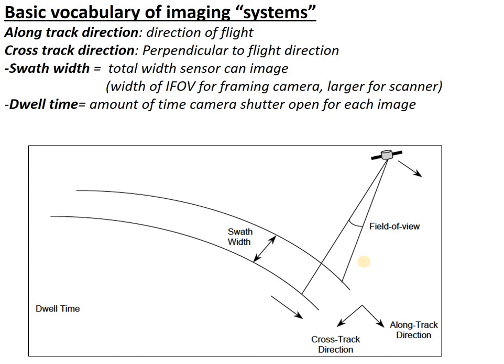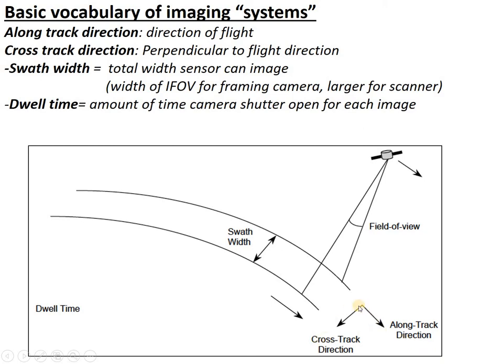So first, a few basic vocabulary terms of imaging systems or sensors. The satellite is flying very rapidly along a linear track, sitting up above the Earth and looking down at it. We often say the along track direction is the direction of flight, the direction the satellite's going.